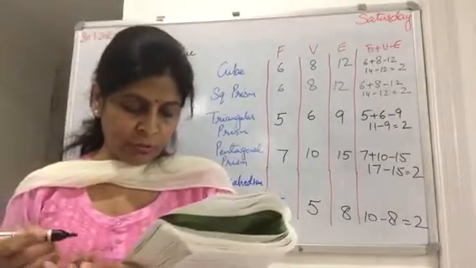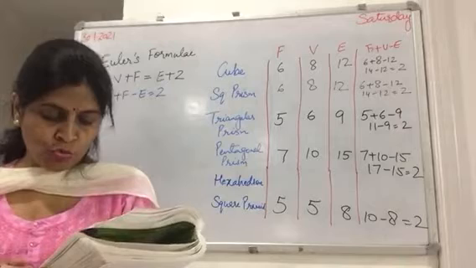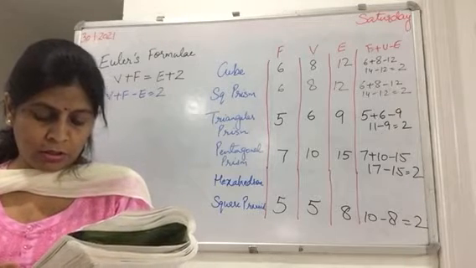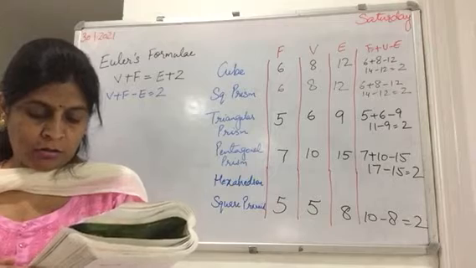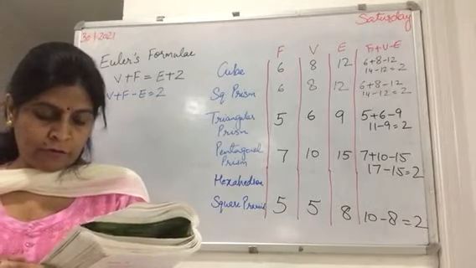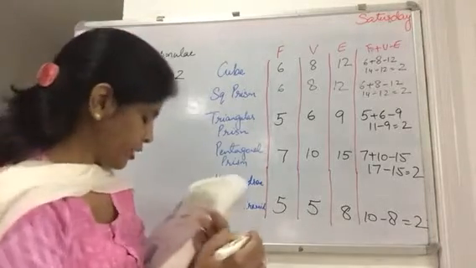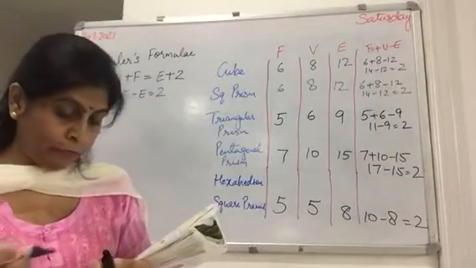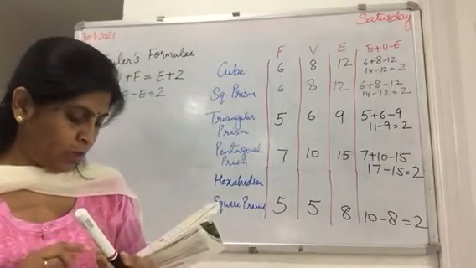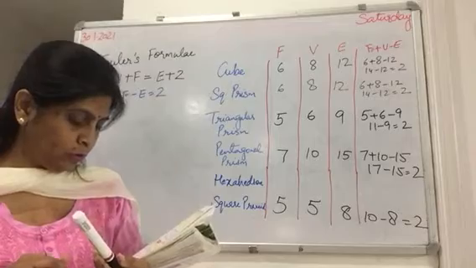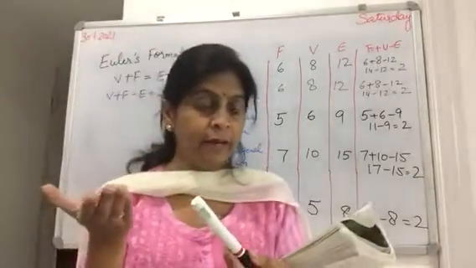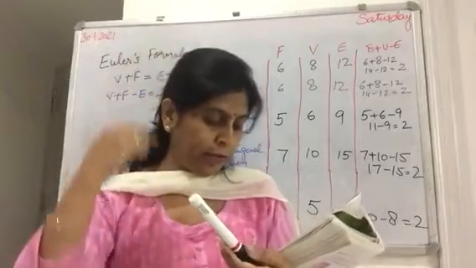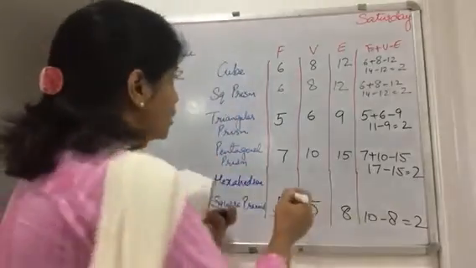Now let's talk about the next shape. You can see 1, 2, 3, 4, 5, 6. It has 1, 2, 3, 4, a square in the middle, and 5 and 6. So 6 vertices.